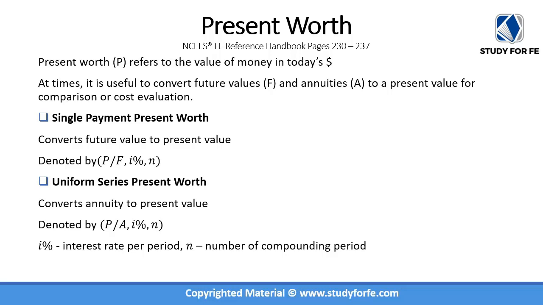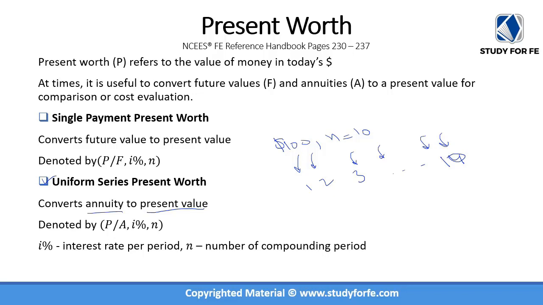The next factor is called the uniform series present worth, and it basically converts annuity to present value. Now in the previous example, let's say that someone was giving you $100 every year for n equal to 10 years, right? So if $100 are being given to you in year 1, in year 2, in year 3, all the way up to year 10, then how can you convert all of these annuity payments into one lump sum value in today's dollars?